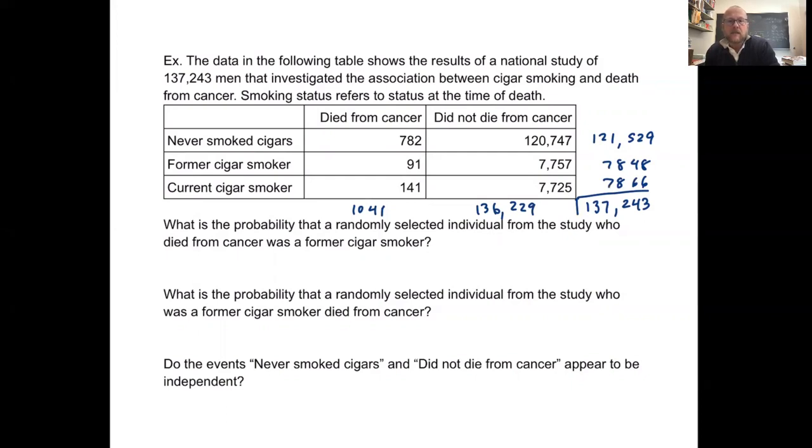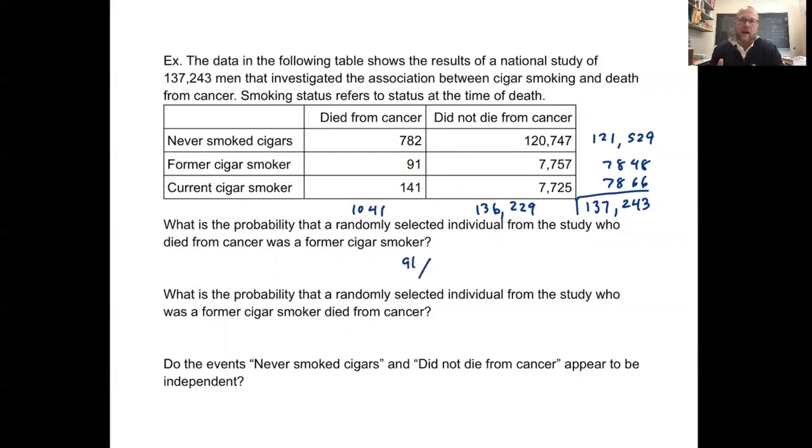All right, so we're running along with these, and the first question asks us, what is the probability that a randomly selected individual from the study who died from cancer was a former cigar smoker? Okay, so they died from cancer and they were a former cigar smoker. So those are the things that we're thinking about. The one thing that's in the intersection is going to be those 91 men there.